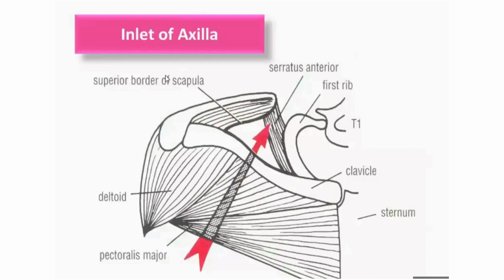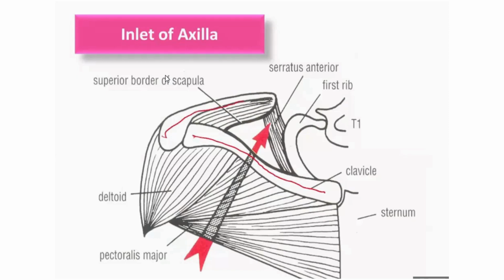The main structure is the brachial plexus. They enter through the inlet of the axilla, which is called the cervico-axillary canal. See on the picture, it is bounded anteriorly by the clavicle, posteriorly by the scapula, and medially by the first rib.